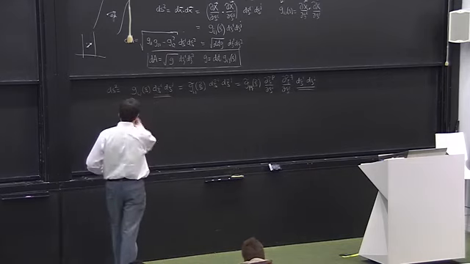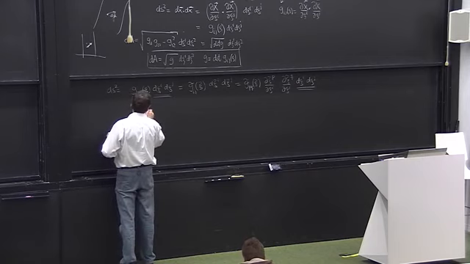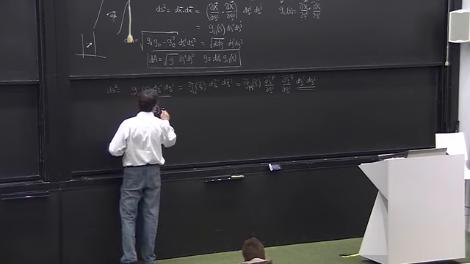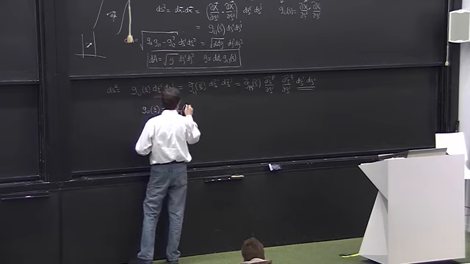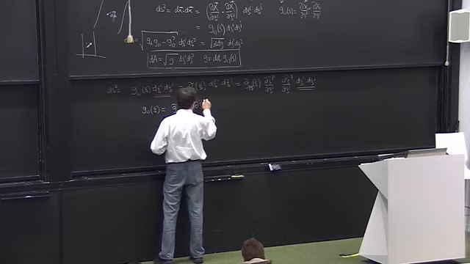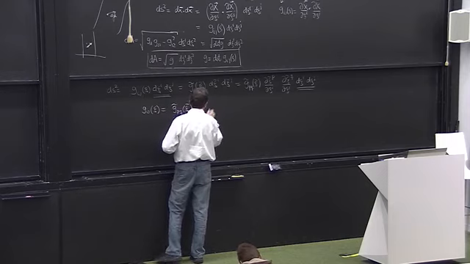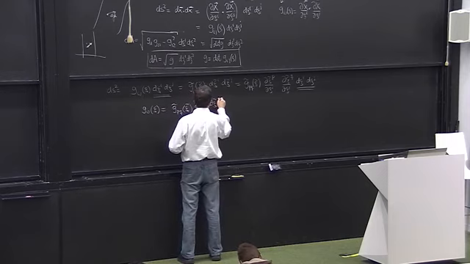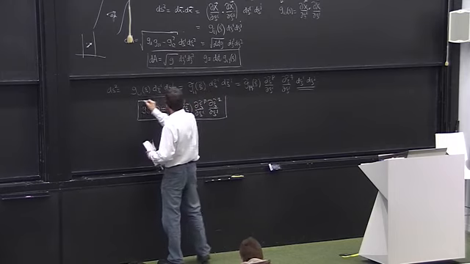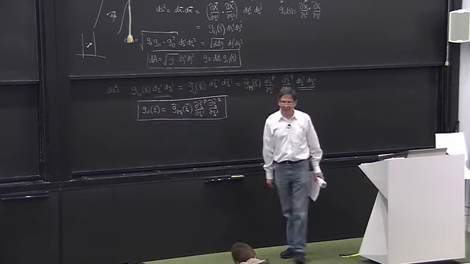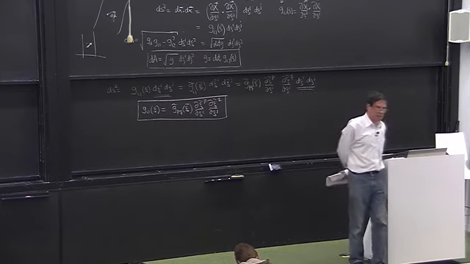And then I obtain that the way these things should transform is that g_ij of psi must be equal to g_pq of psi tilde, d psi tilde^p / d psi^i, d psi tilde^q / d psi^j. This is how a metric transforms, something that you have seen in general relativity.